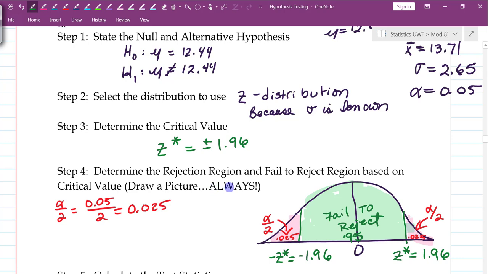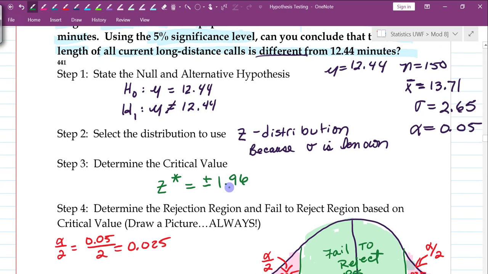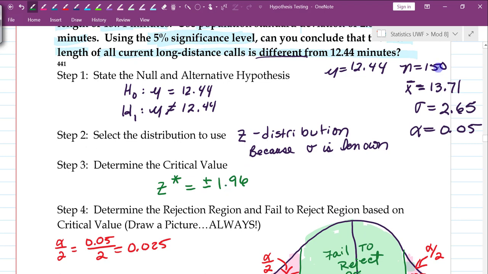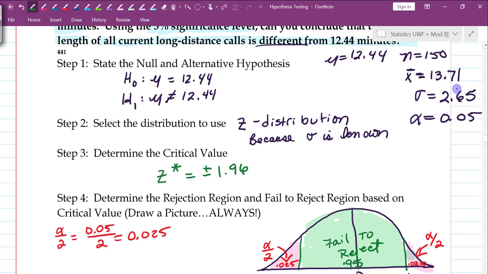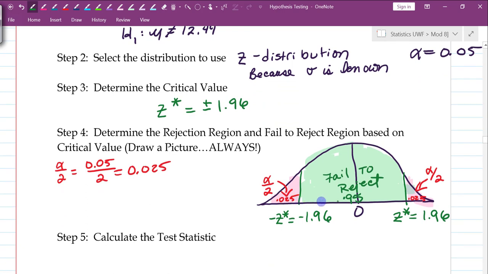I'm going to go out, I'm going to do a sample, in this case, of 150 calls. I'm going to calculate their mean. Their mean is 13.71. I'm going to standardize that value, and I'm going to find where that standardized value is on this number line. Is it in the green area?